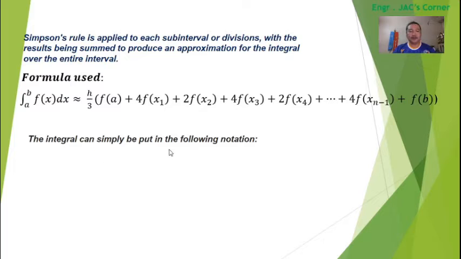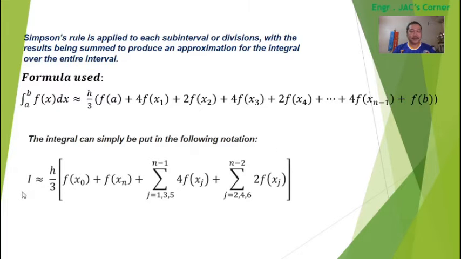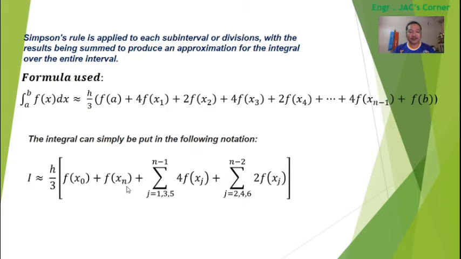The integral can simply be put in the following notation. The integral is approximately equal to h over 3 times the quantity f of x sub 0, or the lower limit, plus f of x sub n, the upper limit, plus the summation of 4 times all the terms with function of x with subscripts of odd numbers 1, 3, 5 up to n minus 1.